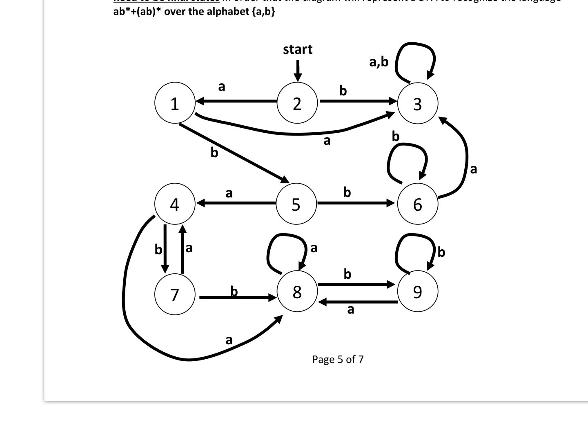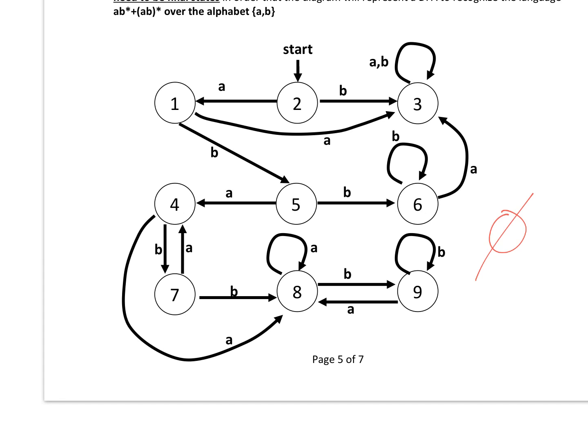So there's no accept states on this. But that's actually okay, right? You don't have to have an accept state. If you don't have any accept states, that means the language that this DFA recognizes is the empty language. It doesn't accept any strings whatsoever. So it recognizes the empty set, but it still counts as a DFA, right?